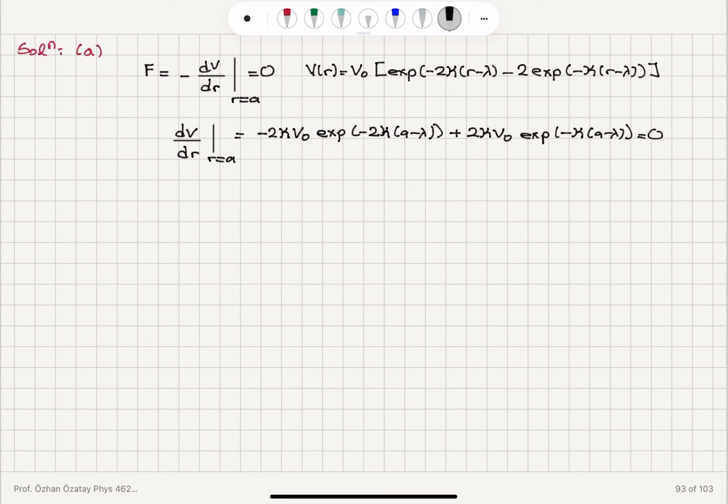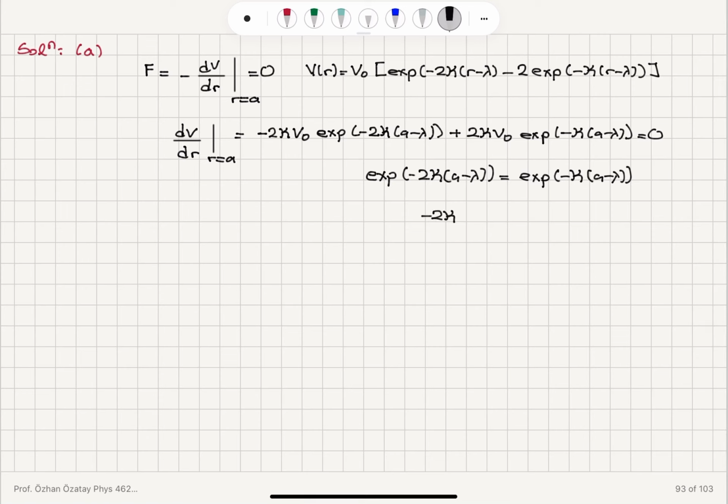So we can see that this implies exp(-2κ(a - λ)) should be equal to exp(-κ(a - λ)). So that means you can get rid of the exponentials.